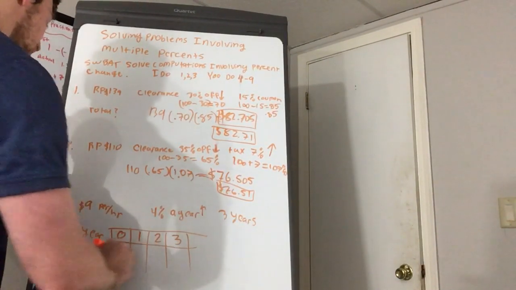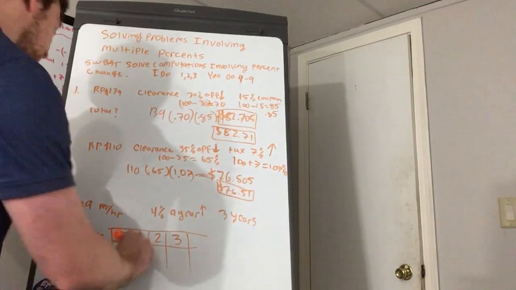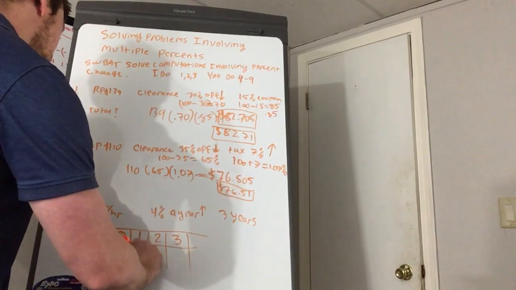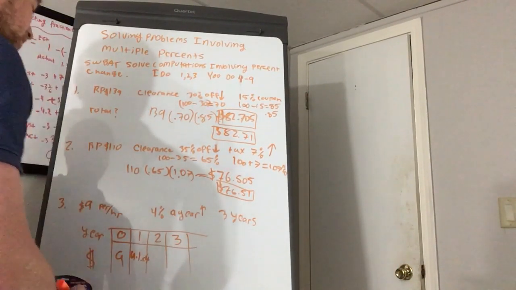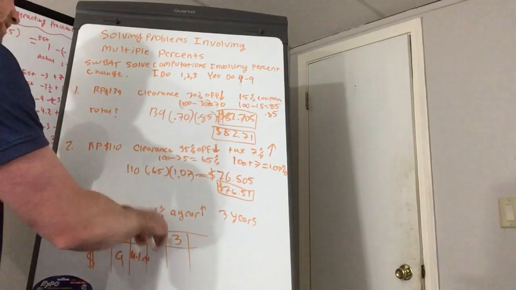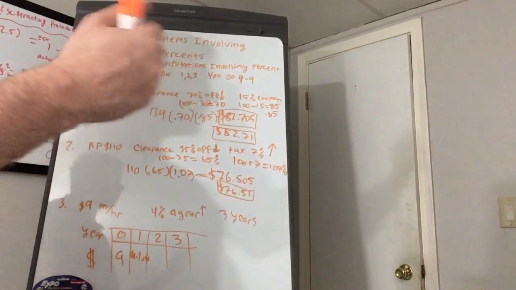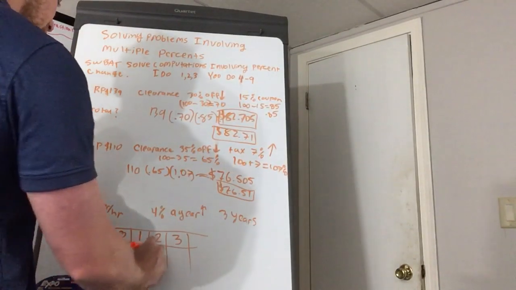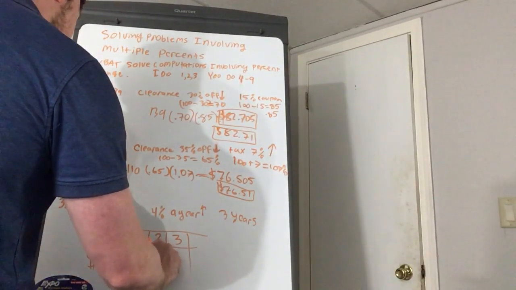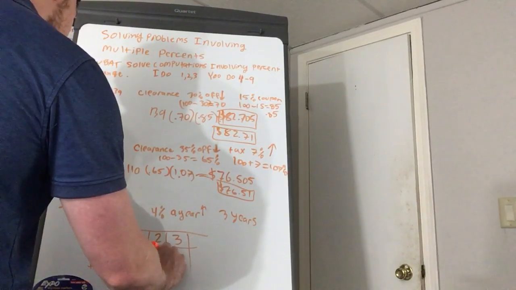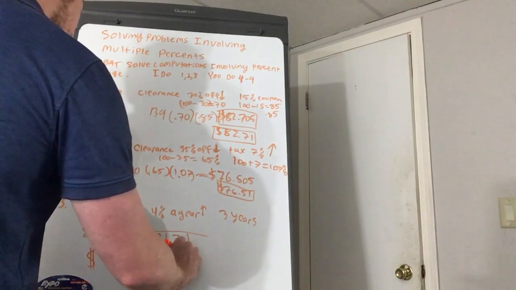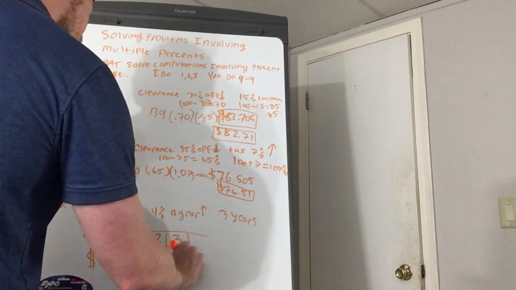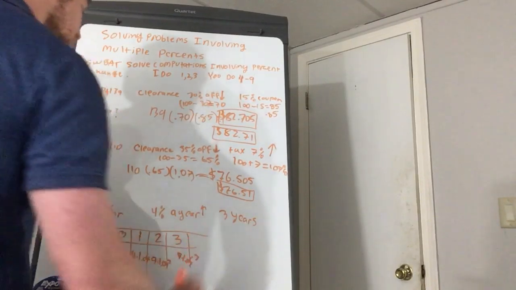So here is $9. Year 1 will be 9 times 1.04. Now the increase for the second year is going to be 9 times 1.04 times 1.04 because you're going up 4% from there. So 1.04 squared. Then this one will be 9 times 1.04 cubed.